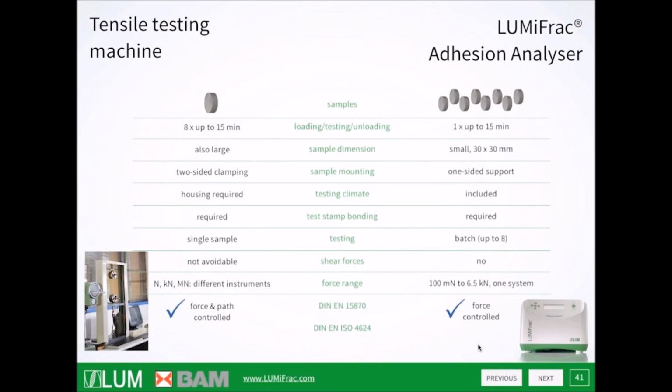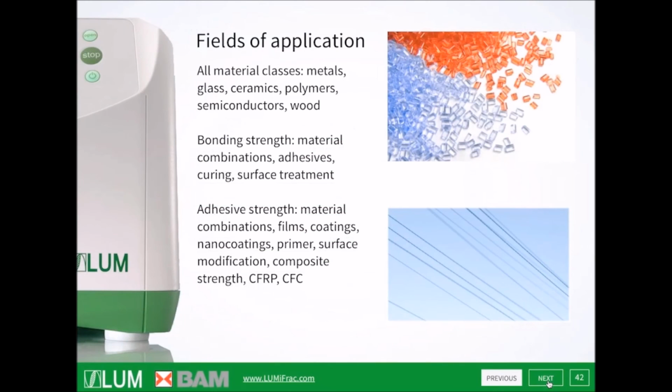Then, of course, both systems apply to DIN EN 15870 for tensile strength measurements and ISO 4624 for coating adhesive measurements. The adhesion analyzer is working force controlled, and the tensile testing machine may work force or path controlled.